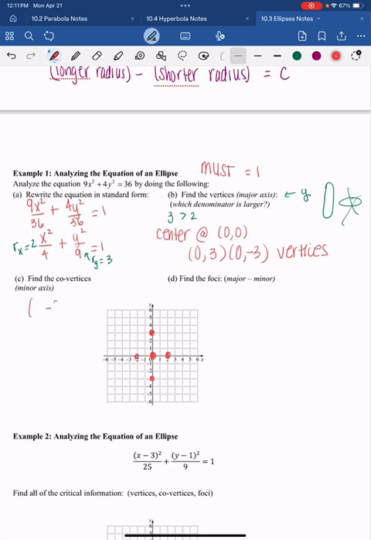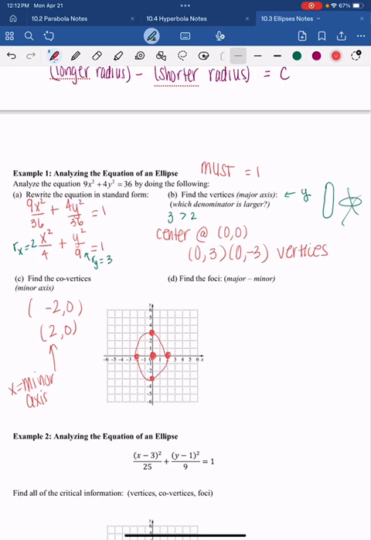So that's going to be negative 2, 0, and 2, 0. Okay, so x is the minor axis and y is the major axis. Okay, so now I'm going to draw this ellipse.